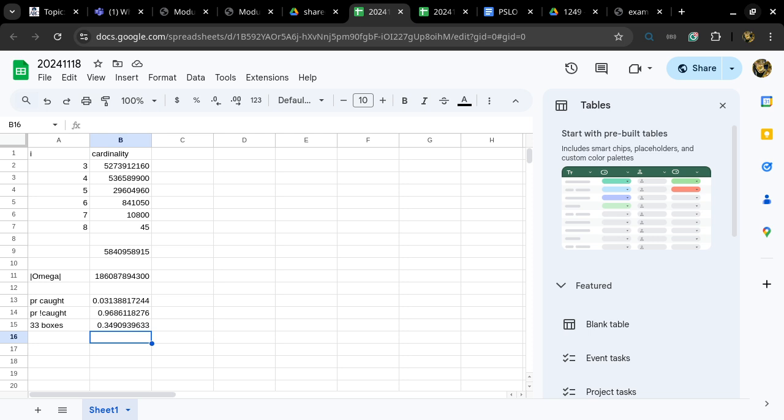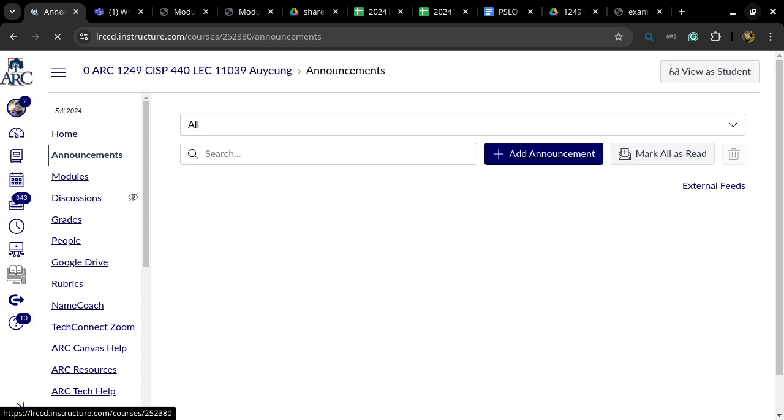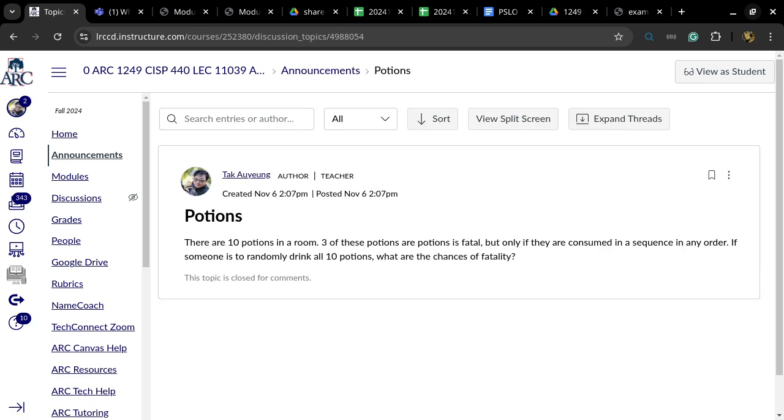Are we doing okay so far? Okay. All right. So are we ready to move on to the next question? Okay. So we're going to move on to the next problem, which has to do with potions or deadly potions. There are 10 potions in a room, okay? So imagine this as an adventure game.